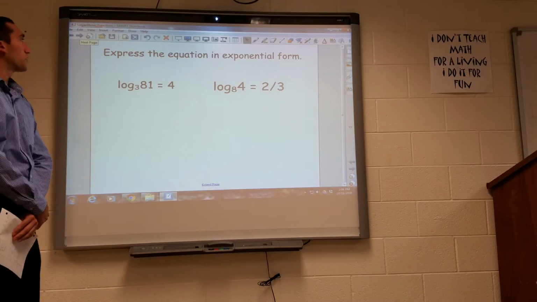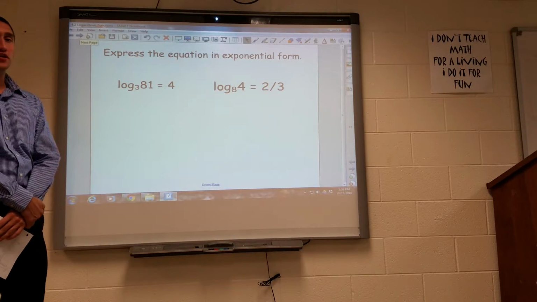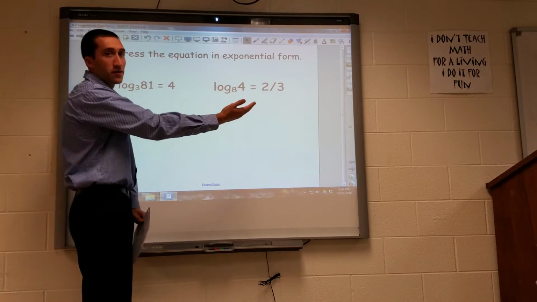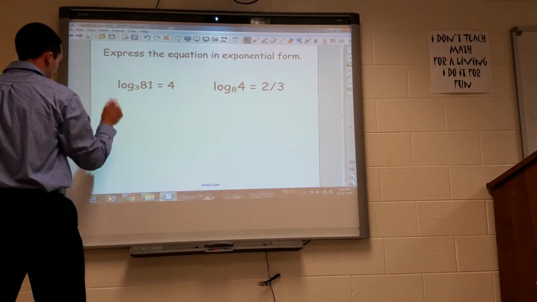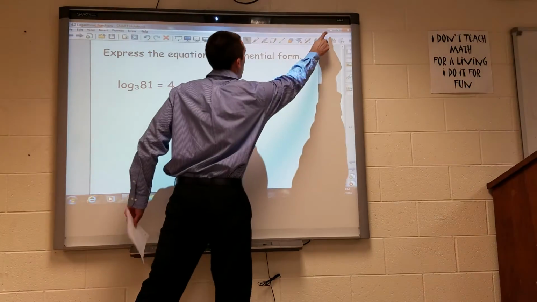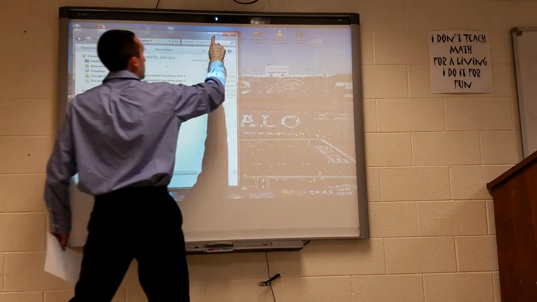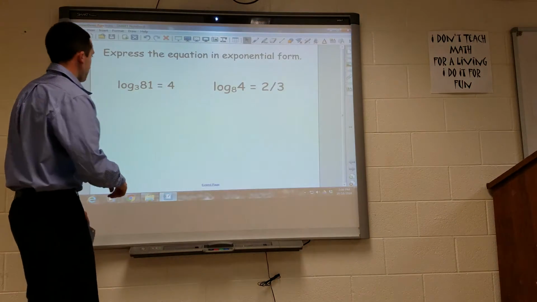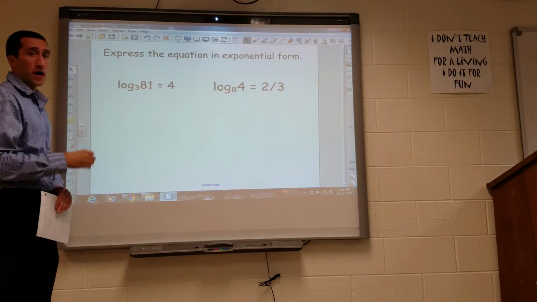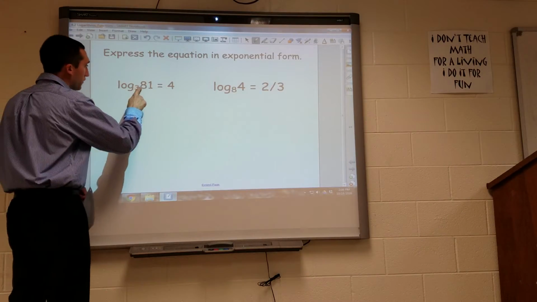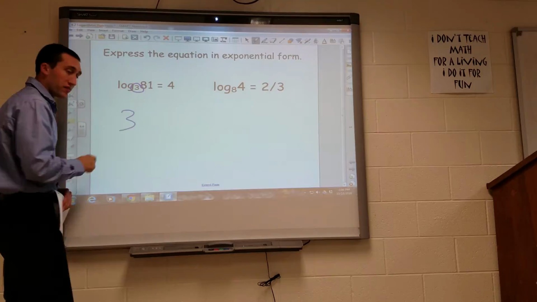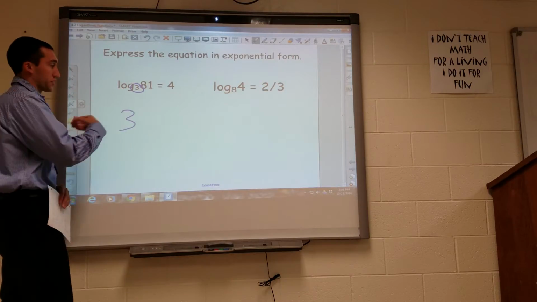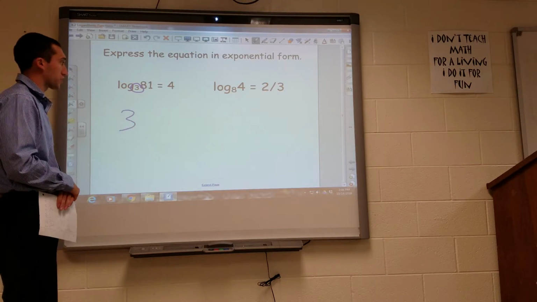So first thing I want us to do is express the equation in exponential form. Here we have it in logarithmic form. To get it in exponential form, how I want you to think about it: this number here will be the base of my exponent, just like the base of my exponential functions.